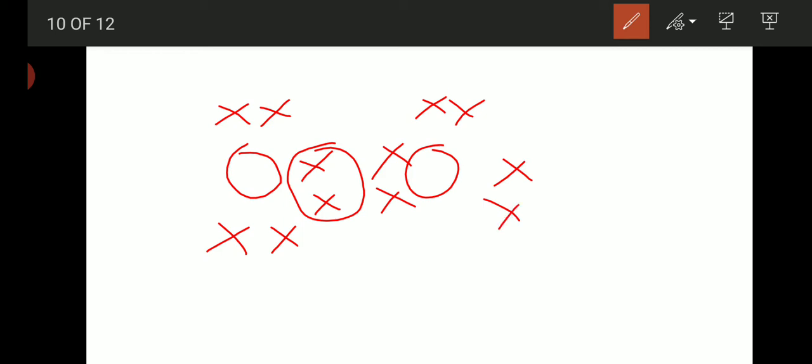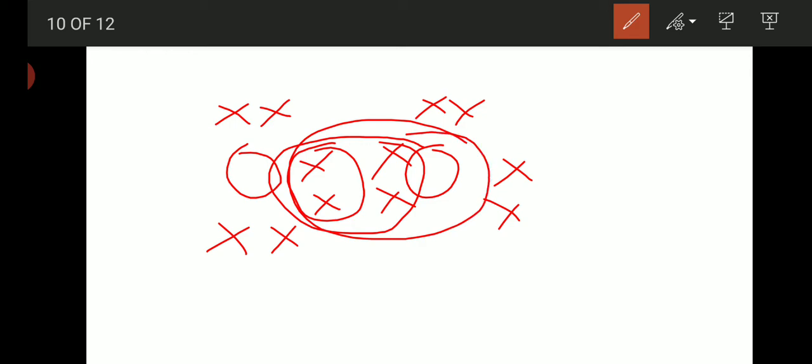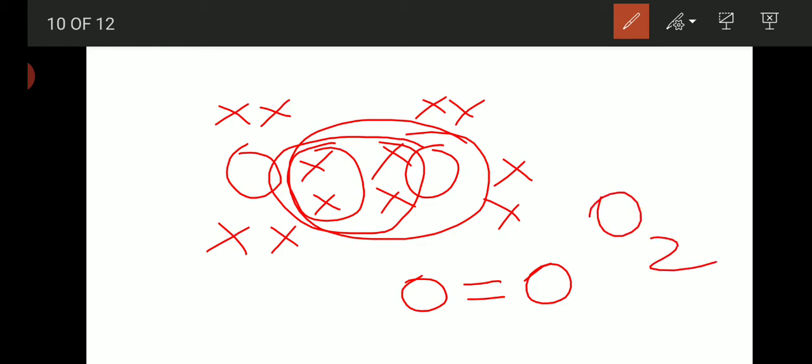So this shares these 2 electrons and this oxygen shares these 2 electrons. And we write like this, O2. I hope this is clear.